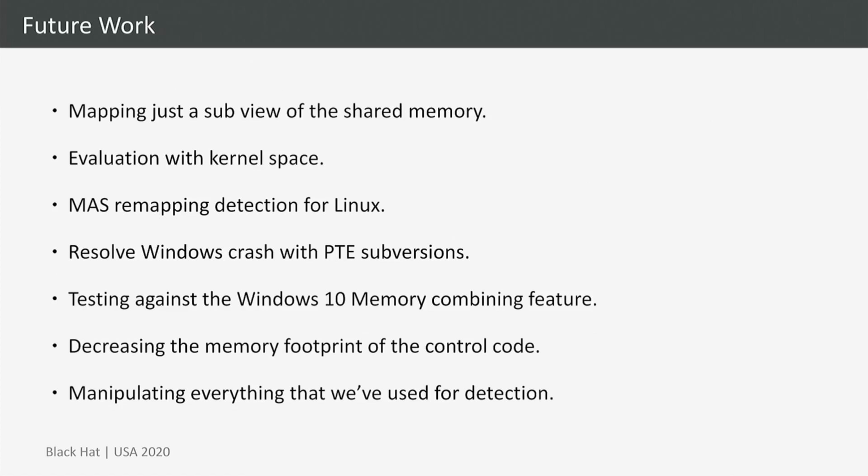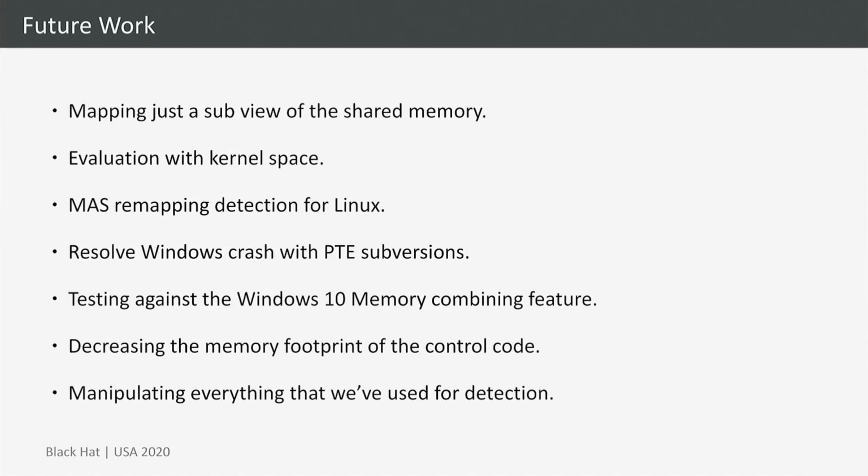Okay, some words on future work. One thing that we want to have a closer look at is different ways for mapping shared memory, especially using subsections, and by that maybe circumventing our detection approaches. Also, we want to resolve the Windows crash, obviously, and we also want to have a closer look at the new Windows 10 memory combining feature. So this might be something that interferes with our detection and subversion techniques.